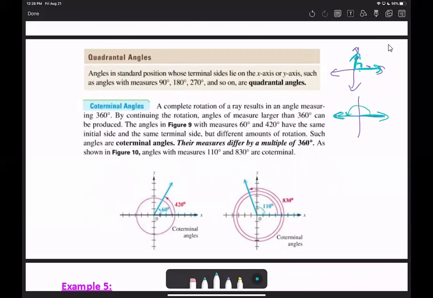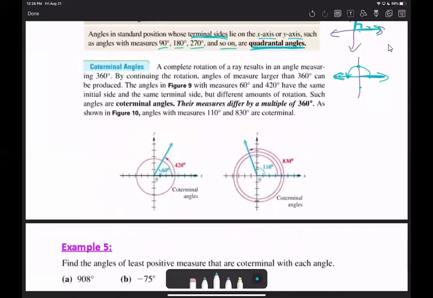Well, that gives me a straight angle. So these angles that fall on the x or y axis are known as quadrantal angles. That means their terminal side will lie on the x or y axis. So you get measures like 90, 180, 270, and so on.